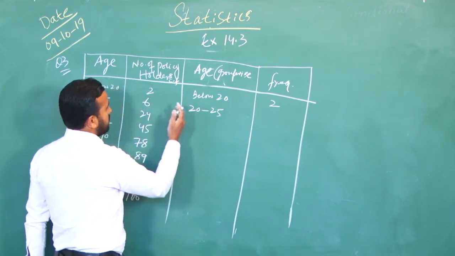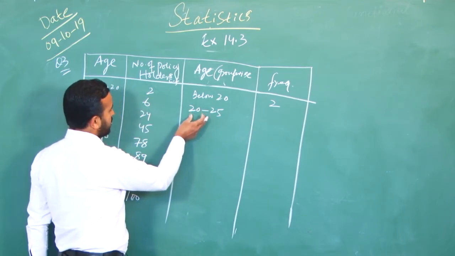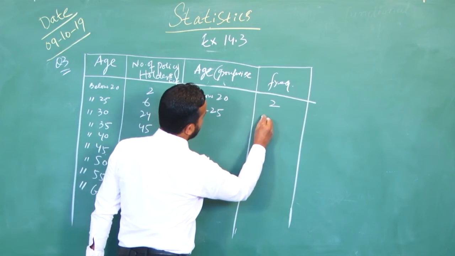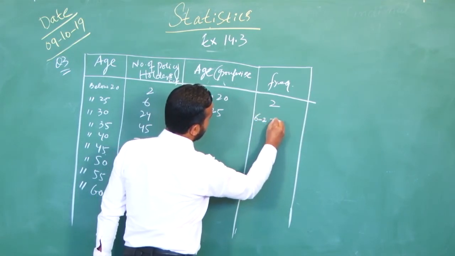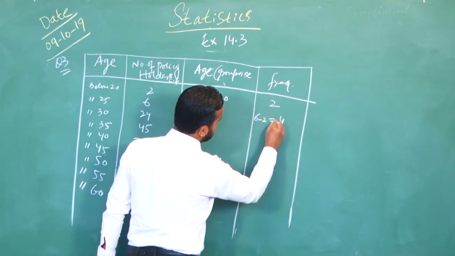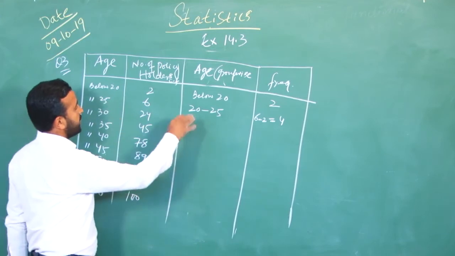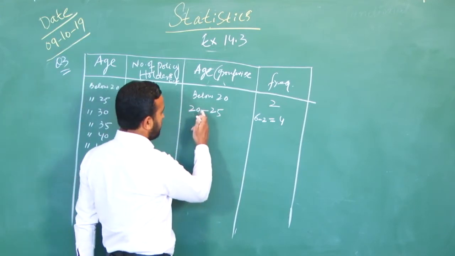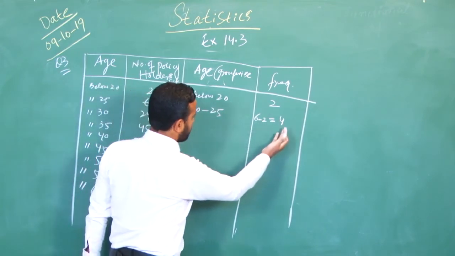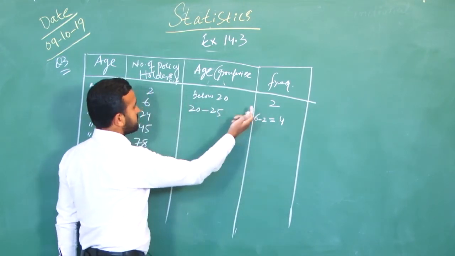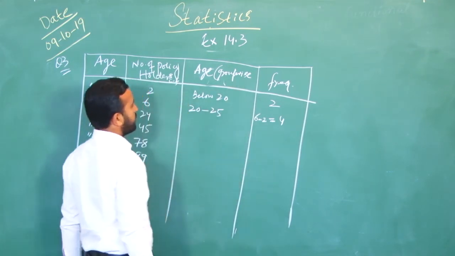To write the frequency of this group, we subtract the previous frequency, that is 6 minus 2, which will give us the frequency of this particular group. That means the previous group is excluded. We are talking about the policymakers which come in the age group of 20 to 25. Those are 4. And the policymakers below 20 are 2 here.